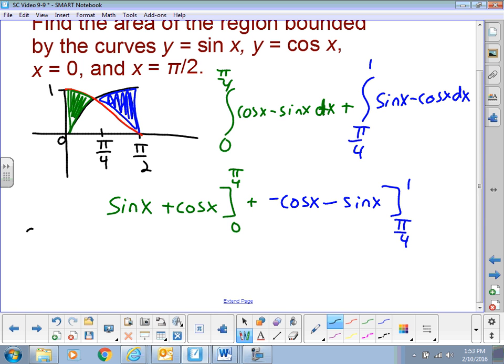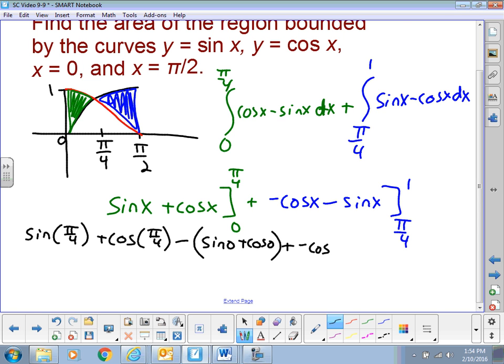So we'll be doing sine pi over 4 plus cos pi over 4 minus, and start a parenthesis, sine 0 plus cos 0, plus, we'll have a negative cos. Oops, I said 1 for these. Sorry, this should be pi over 2 for each of them.